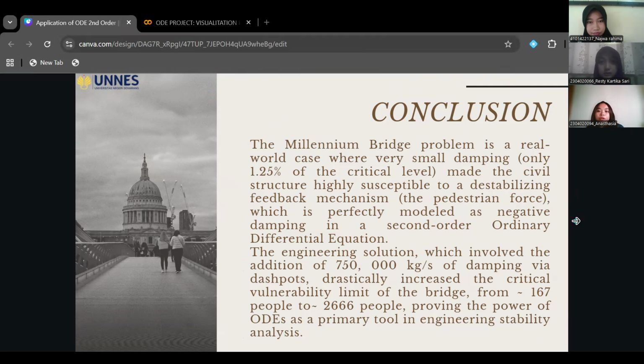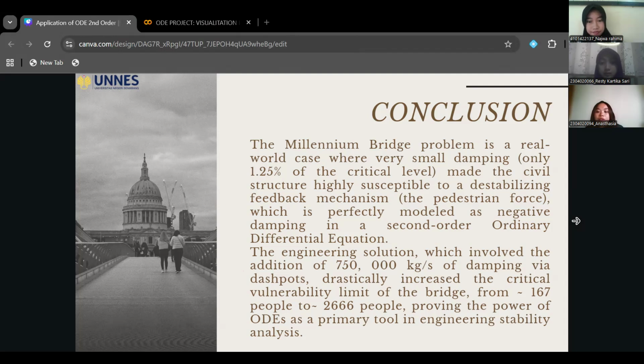Okay, so the conclusion of this problem is that the Millennium Bridge problem is a real-world case where very small damping, or only 1.25% of the critical damping, made the bridge susceptible to a destabilizing feedback mechanism, the pedestrian force, which is perfectly modeled as negative damping in a second-order ordinary differential equation.